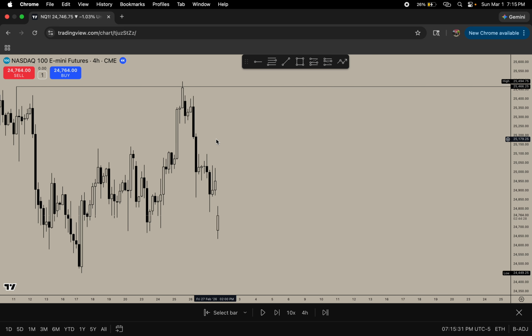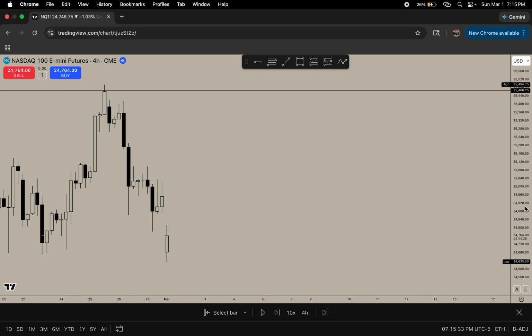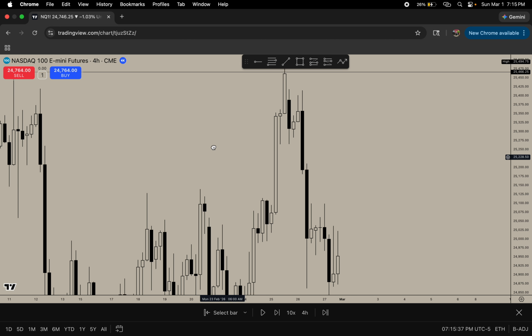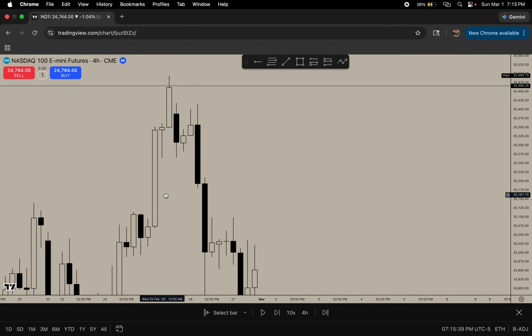So, as you could see here, because price had an obvious draw, there were no pauses in between here to here, okay? Price pushed past this without any other opposing order or price point, okay?